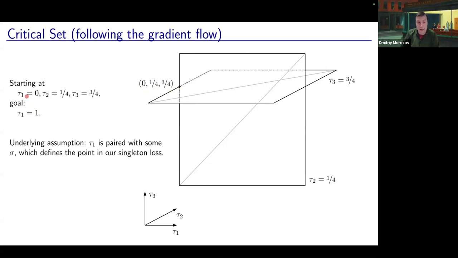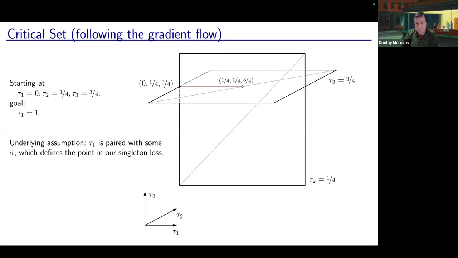And I imagine that tau 1 is paired with some sigma, and my goal is to move tau 1 from value 0 to value 1, so to the right hand side. Well, I can start pushing it, but when the value of tau 1 becomes the same as tau 2, in other words, when we reach the diagonal here, I have to check what happens if I go to the right, in other words, when the order switches.